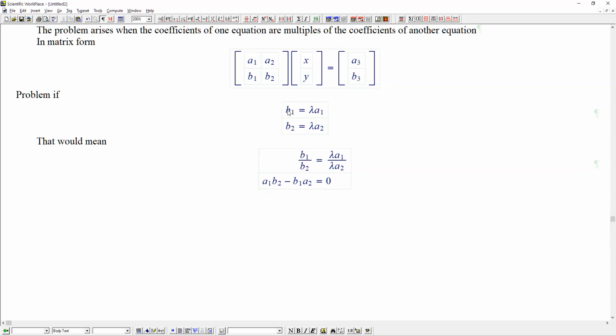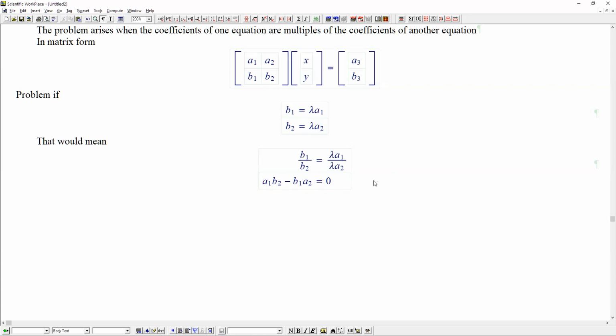The problem is if this vector is not linearly independent from this vector, meaning I can just multiply this vector by some constant. And how does that concretely manifest itself? Well, if that is the case, then I'm going to find that A1, B2 minus B1, A2, the determinant, is 0.